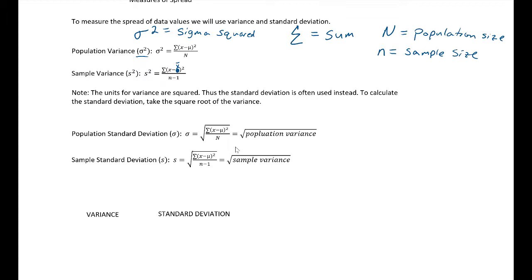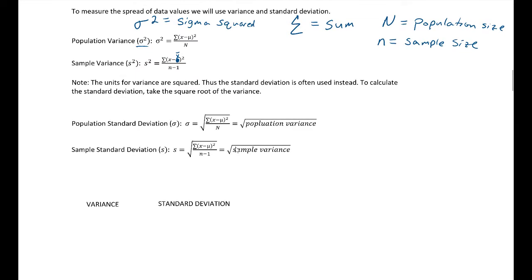To calculate your standard deviation, all you do is take the square root of the corresponding variance. For population standard deviation, you take the square root of the population variance. For sample standard deviation, you take the square root of the sample variance. And notice the symbols. Variance had that second power, but standard deviation does not have that second power. So that's the indicator of what your units are.